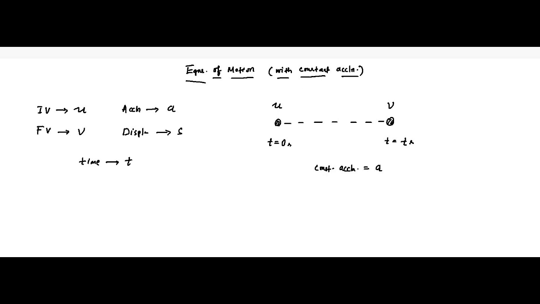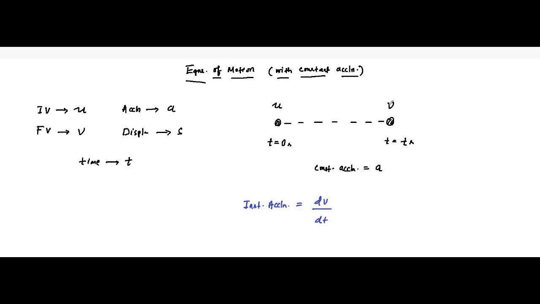Now if you remember, we have discussed various concepts related to uniform motion in a straight line: average velocity, instantaneous velocity, then instantaneous acceleration, average acceleration, a lot of things we have discussed. So here the instantaneous acceleration is given by the derivative of velocity with respect to time, dv by dt.